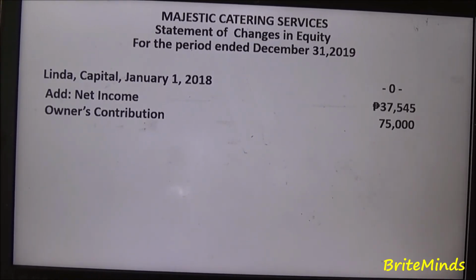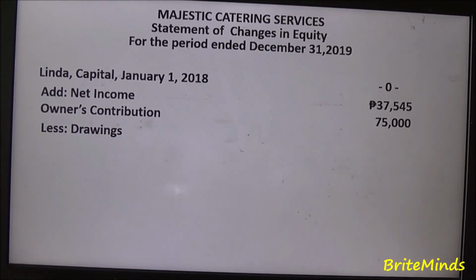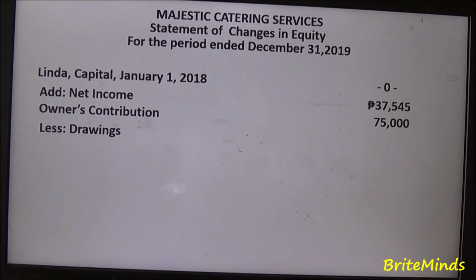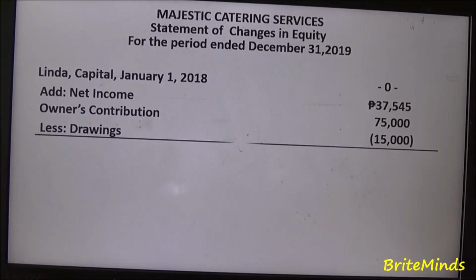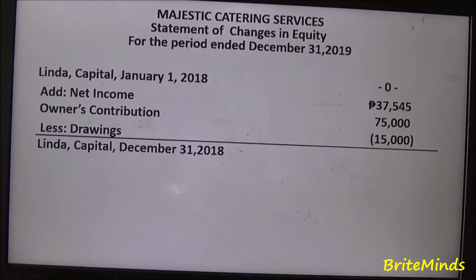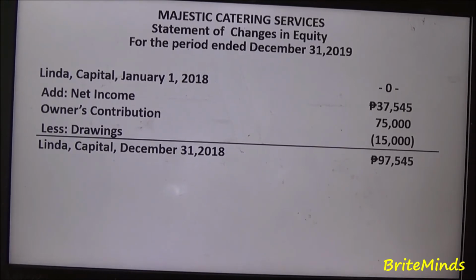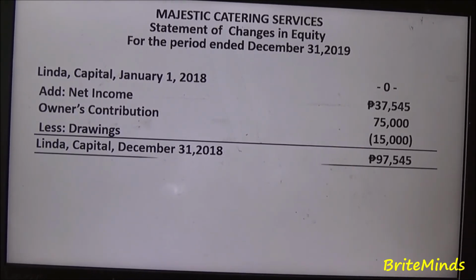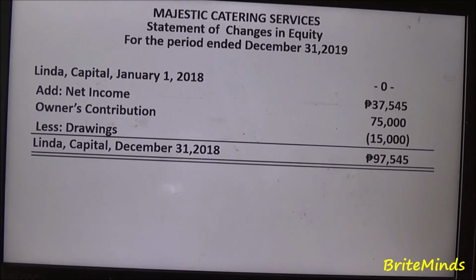And also in 2018, the owner had personal drawings amounting to 15,000 pesos. Okay, so the ending balance of Linda's capital on December 31, 2018 amounts to 97,545 pesos.